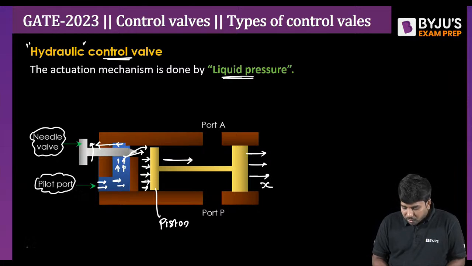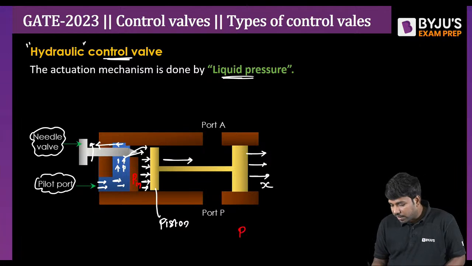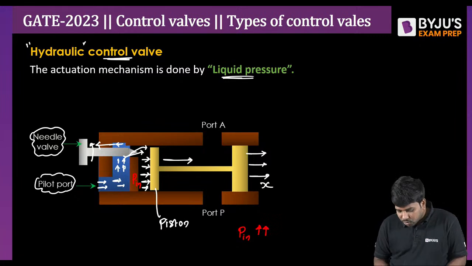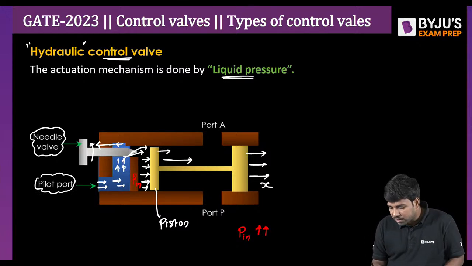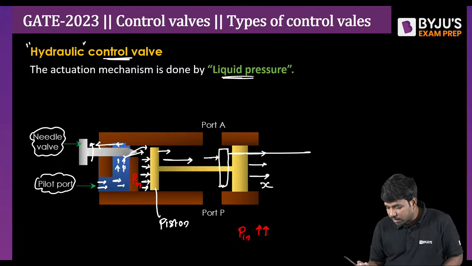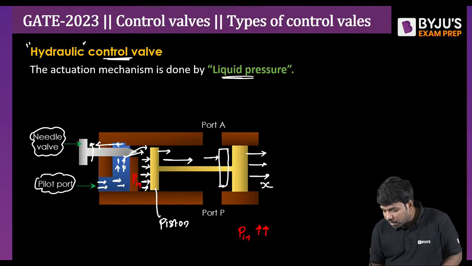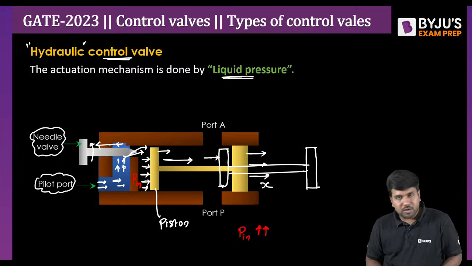Now, if the pressure here is P in, and we increase the value of P in, then what will happen? This position will change, and with a heavy amount of pressure it will come all the way up to here. The overall piston movement will be X.